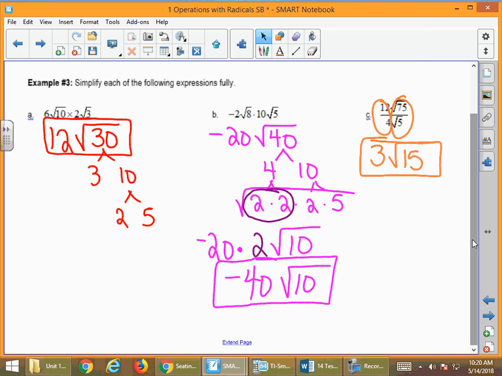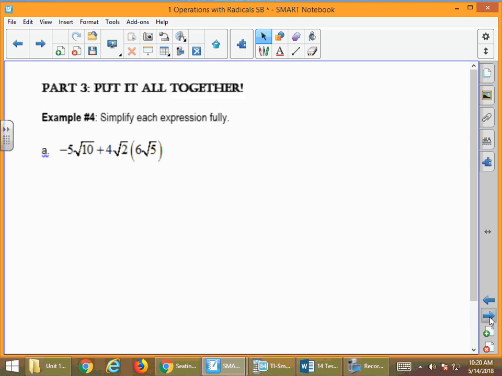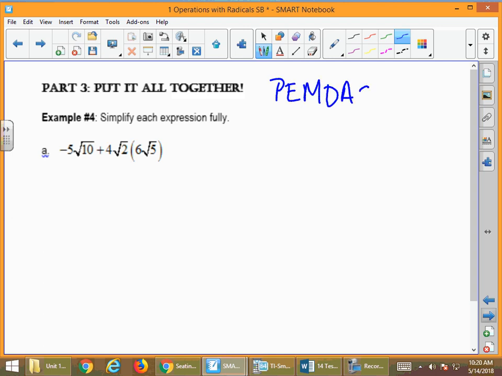As we flip our paper over to finish here, we're going to mix it up a little bit. So we've got adding, subtracting, multiplying, and dividing radicals in here. And I need to refer back to an old mathematics favorite, which is the order of operations. Sometimes your previous teachers have referred to it as PEMDAS.